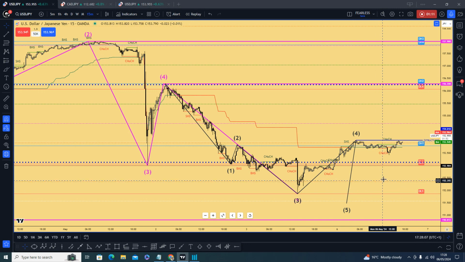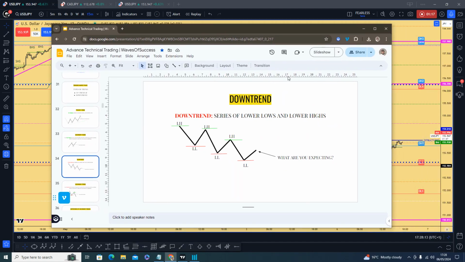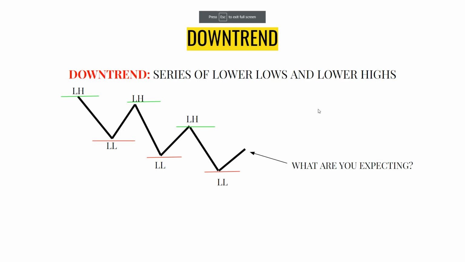The reason I say that is you have to understand the market phase that you're trading. A simple explanation is that when you have a downtrend, you need to understand the series of lower lows and lower highs. From a lower low to a lower high forms a structure in a downtrend, and that carries important information.